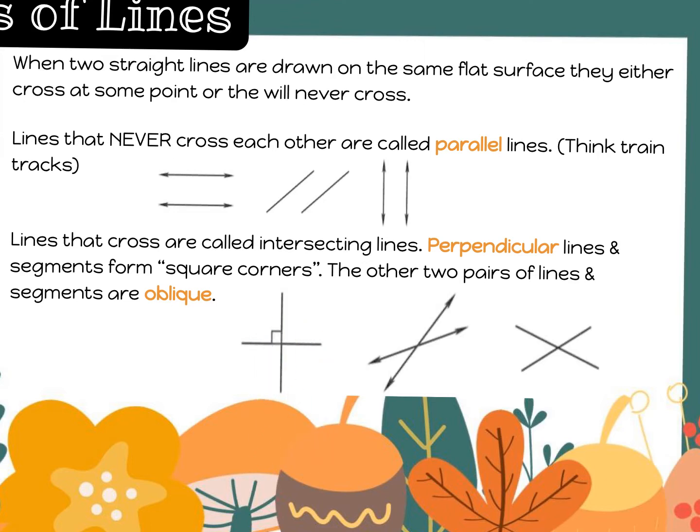The other type of intersecting lines are oblique lines. They're just randomly crossing lines, so they don't have to make any certain type of angle. They're just going to crisscross with each other, and they're not going to be right angles. The only time they have a special name like perpendicular is if they form right angles. Does that make sense? Okay.